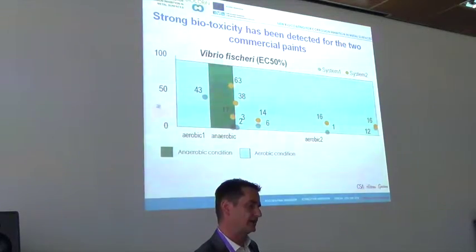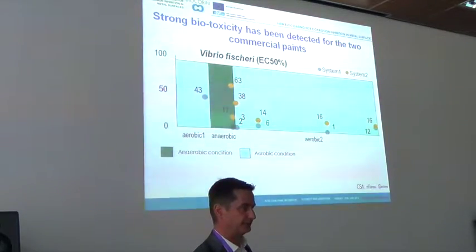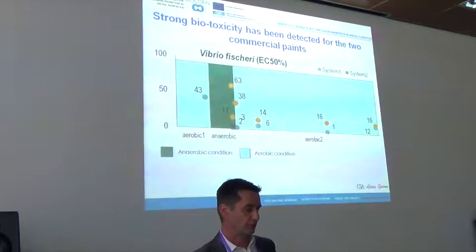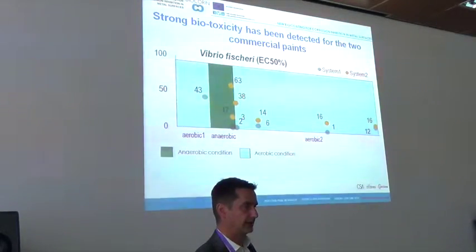Here in the graph you can see the percentage of viable fish, EC50 on viable fishery, and the numbers that you can read in the graph are the minimum concentration in order to obtain the EC50. This biotoxicity was also tested and measured with Dunaliella tertiolecta and Artemia salina.